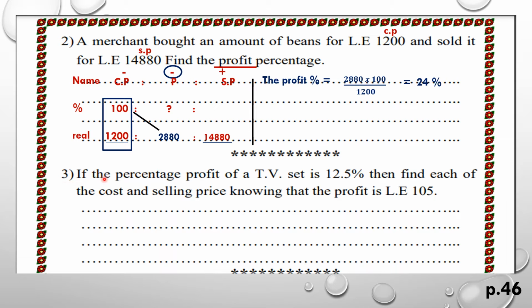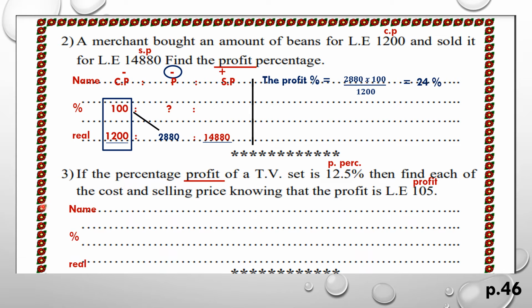Number 3. If the percentage profit of a TV set is 12.5%, so this is the profit percentage. Then find each of the cost and selling price knowing that the profit is LE 105. So this is our keyword, which is profit.